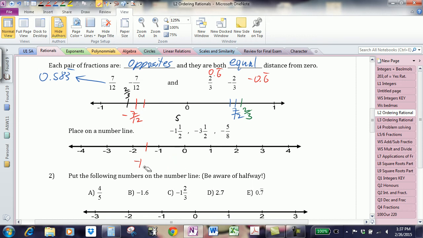And I just wrote the wrong number. I'm supposed to write the original. Okay. Plot the other two right now. Put them in decimal format.